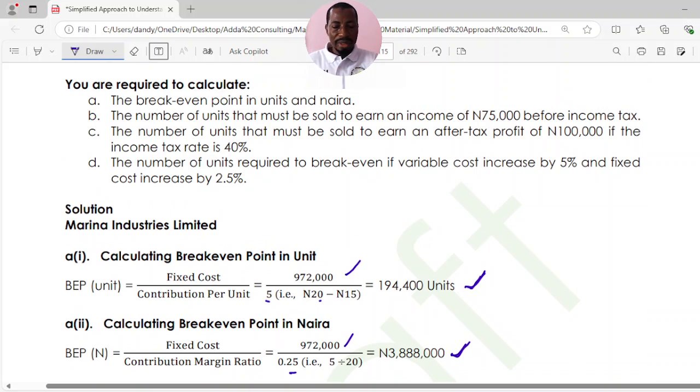In the C requirement, you are to calculate the number of units that must be sold to earn an after-tax profit of 100,000 naira if the income tax rate is 40%. Remember what I said, you don't use profit after tax to compute the break-even point. Rather, you should use profit before tax. Therefore, if profit after tax is given, it should be converted to profit before tax before computing the break-even point.